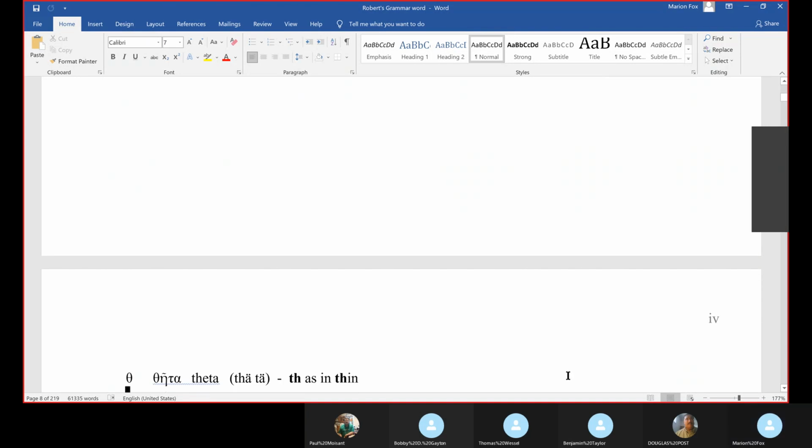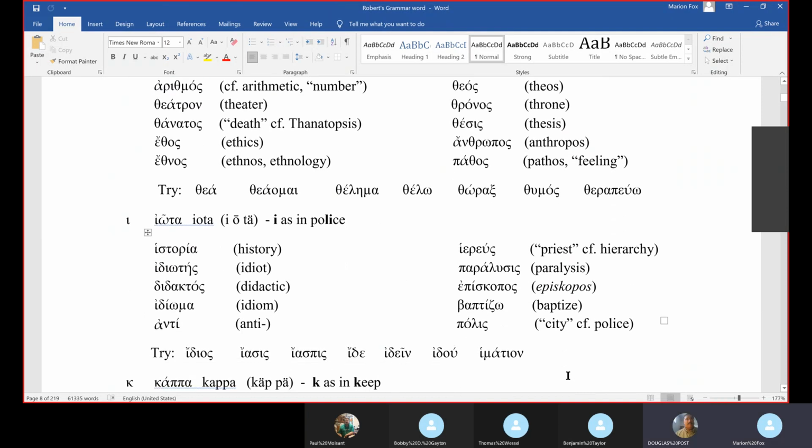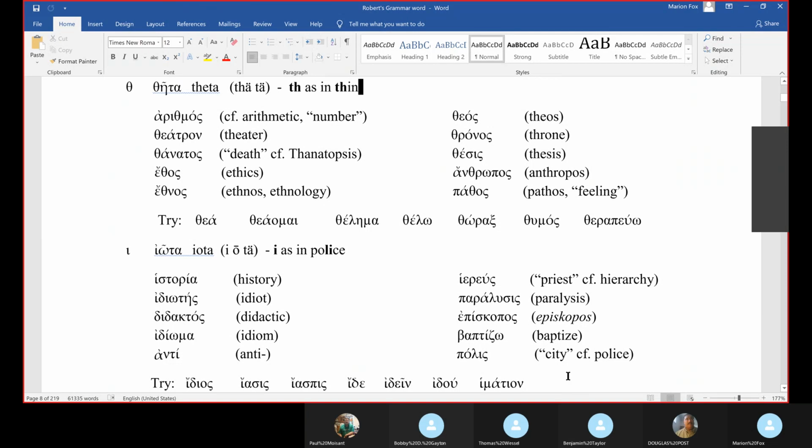Now, the letter theta, and this looks like an O with a line through it. It's a TH sound. There used to be a letter with the TH sound in the English language.